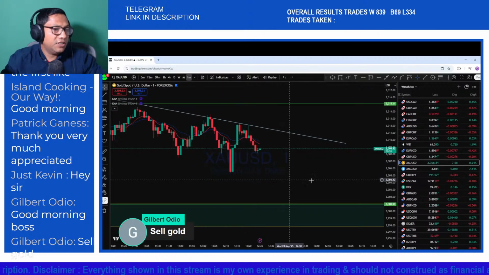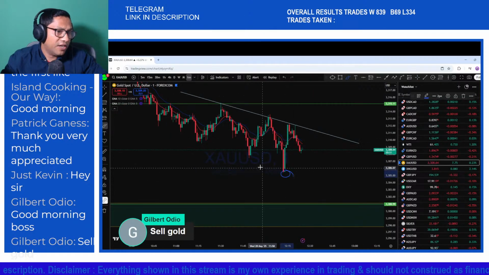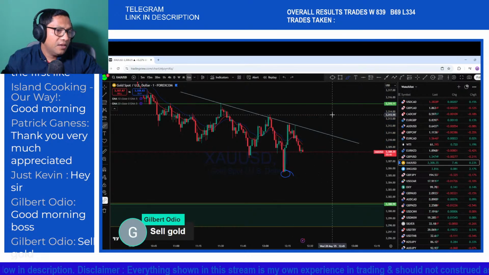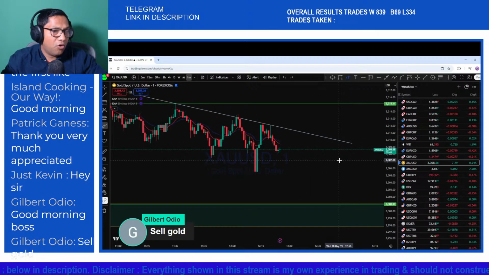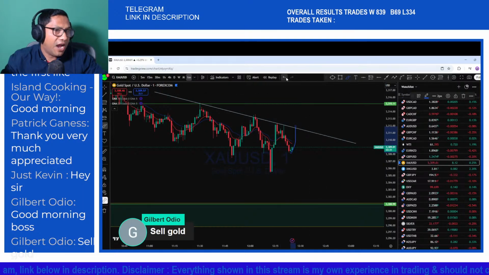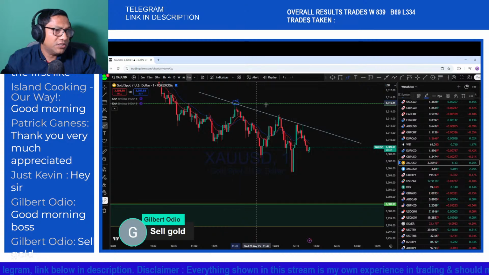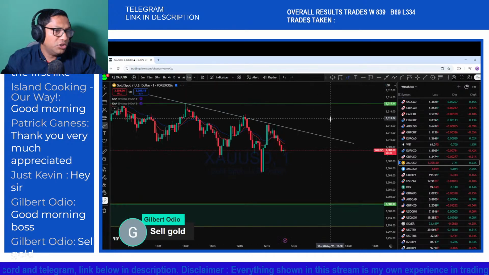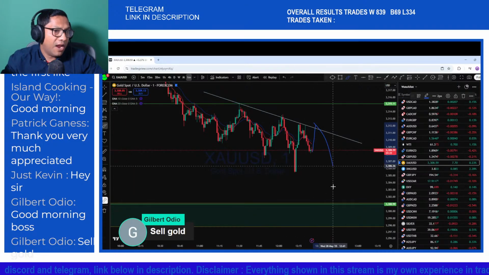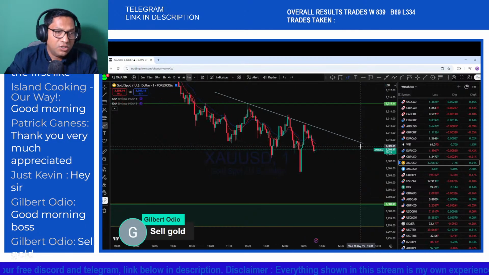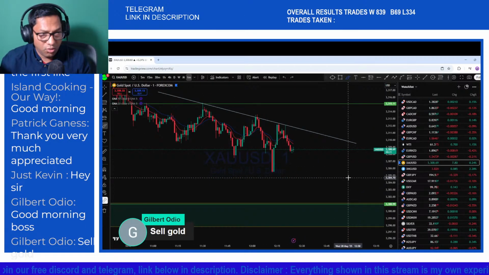For me, it's now an inverted head and shoulders, so that might push the price back up again, but I will be waiting for the push back up to this level, where there's resistance here, resistance here, resistance here. With that resistance, I'm expecting the market to potentially move back up, grab liquidity, and then return to the downside to create a new lower low in this market.